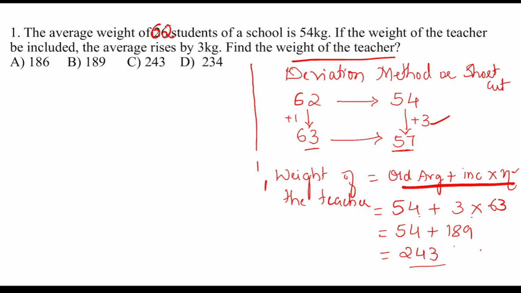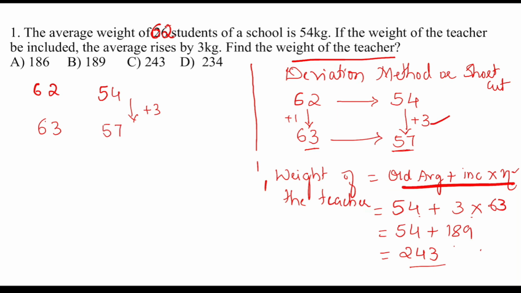Now see here, we know that each person is having a minimum of 54 weight, 62 students, isn't it? So the new person who is coming, by his coming, the average weight is increasing by 3 kg, isn't it? That means the new average is becoming 57.